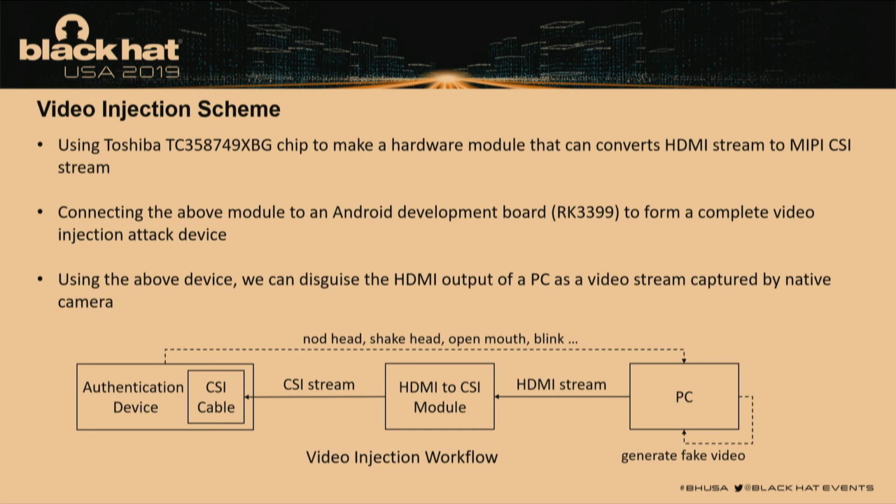So here is our scheme, and at the bottom is a schematic of our solution. We used a module to convert the HDMI signal to the CSI signal, because most mobile devices use a CSI socket to connect their camera.